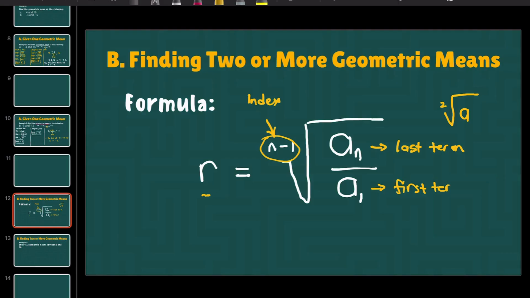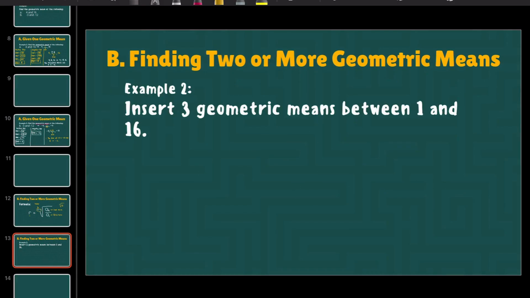Okay? So, now, let us use this formula in this example. So, we have to insert three geometric means between 1 and 16. So, ibig sabihin nun, given two non-consecutive terms in the geometric sequence are 1 at saka 16.